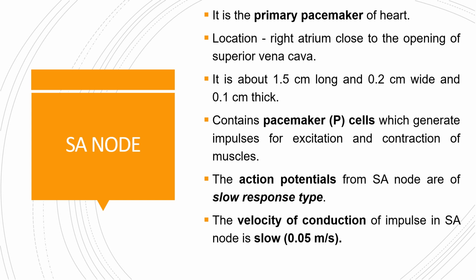The structure of the SA node is more embryonal in character, that is, the cell outline is ill-defined but it is highly vascular. It consists of thin elongated muscle fibers approximately one-third the size of the heart muscle fiber. It is rich in glycogen and mitochondria.